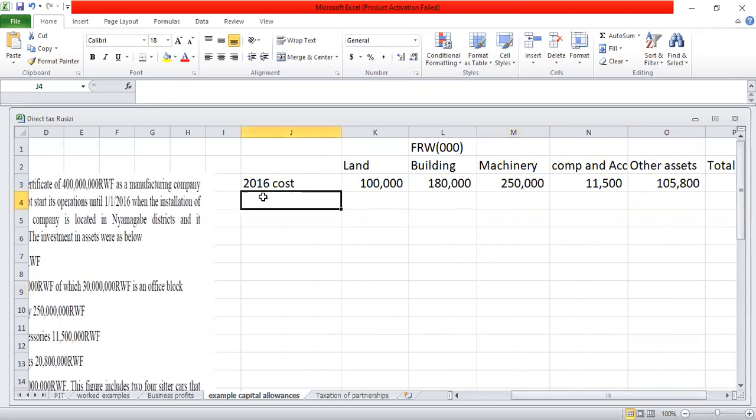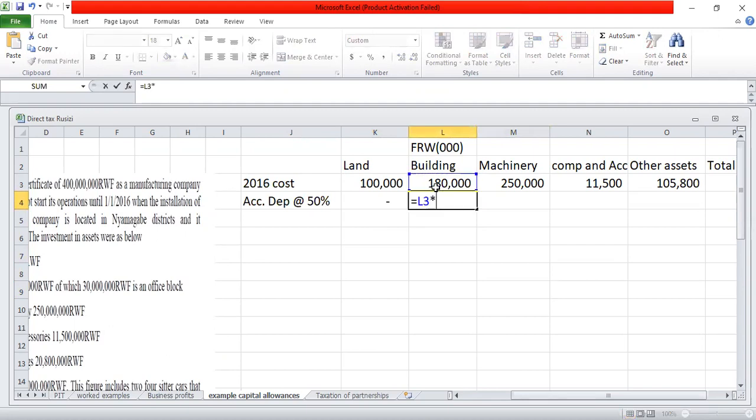Now, since it is a registered investor, I'm going to compute my accelerated depreciation at 50%. Land does not depreciate, so I'm not going to depreciate land. This is going to be 0. Building, I will get this times 50%.